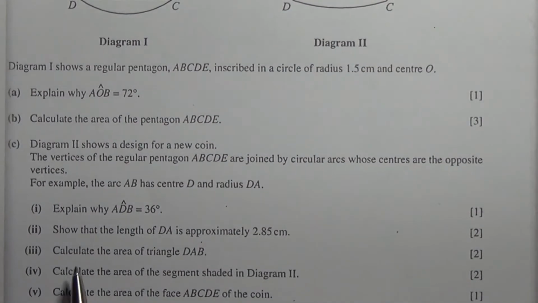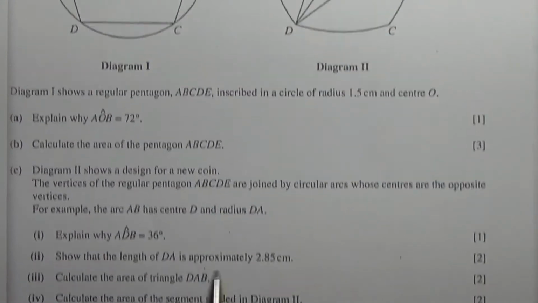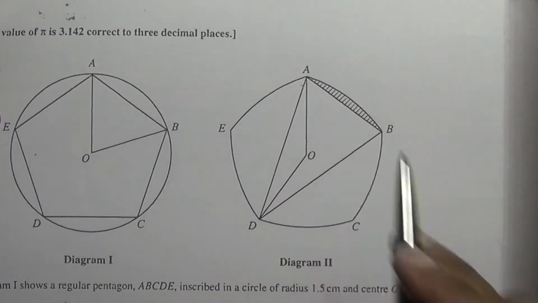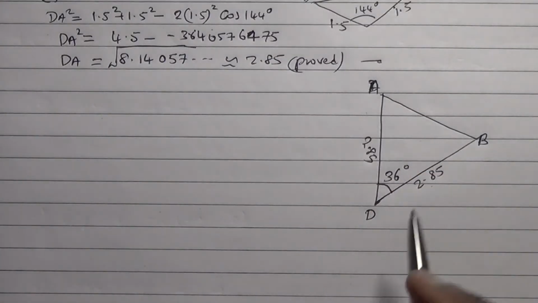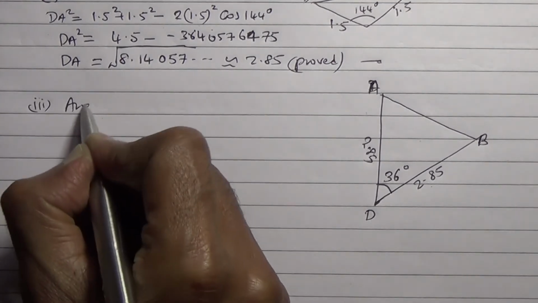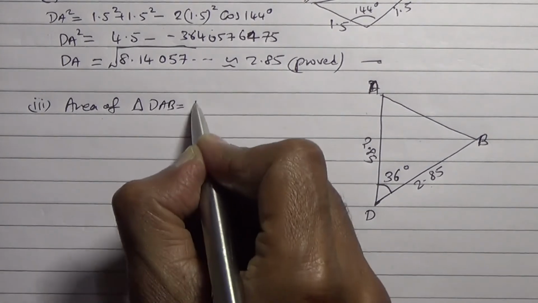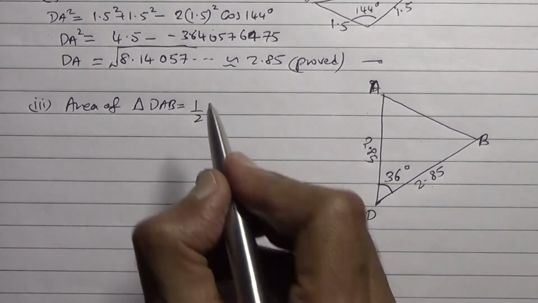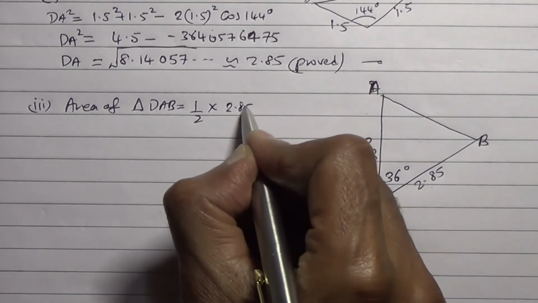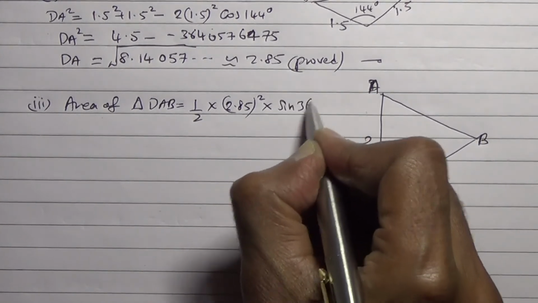Now for the other part, they want us to calculate the area of triangle DAB. Remember that this is the triangle. So if we want to find its area, it's very easy. For the area of triangle DAB, you can use the formula half ab sine C again. So half times 2.85 times the sine of 36 degrees.